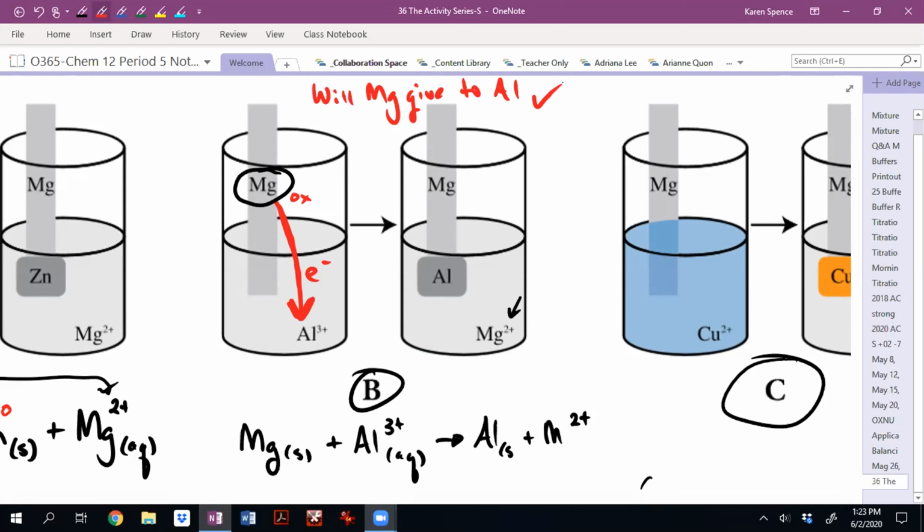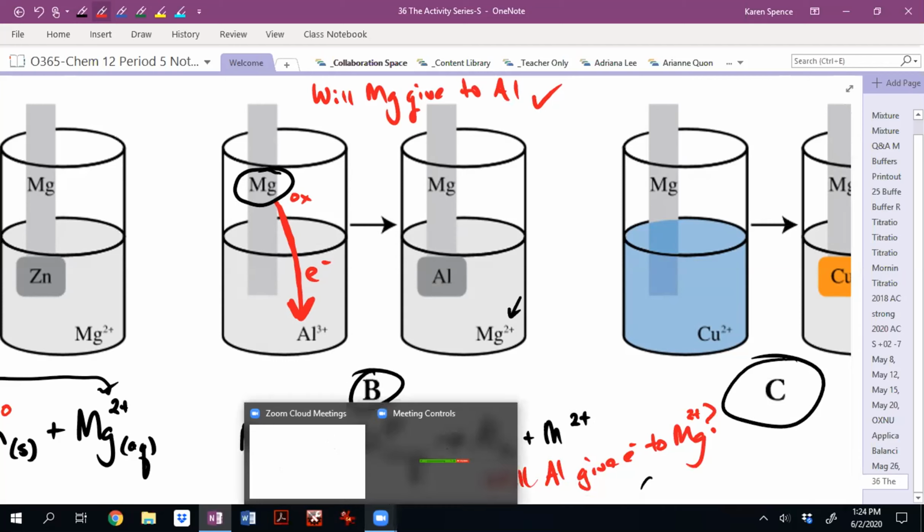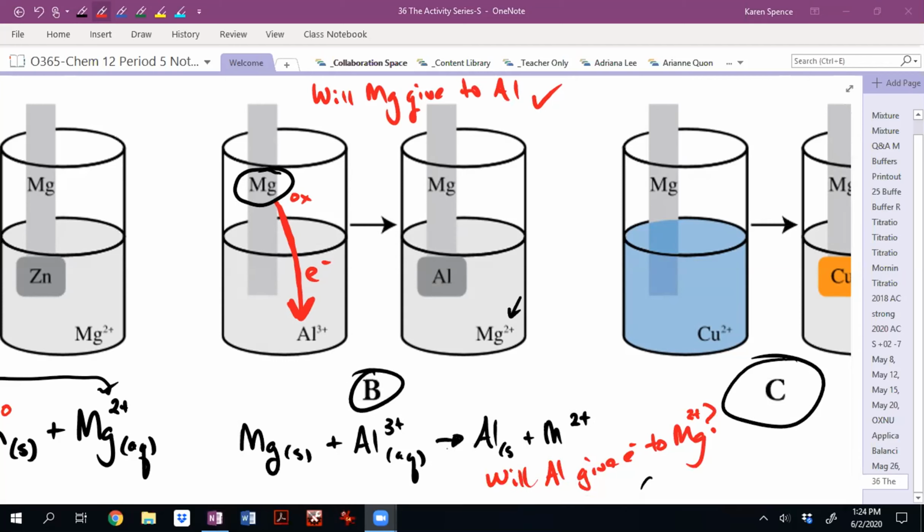Will aluminum give its electrons to magnesium? Before I scroll down and take a look at it, what do you predict will happen? Magnesium will give to aluminum. Will aluminum give to magnesium?